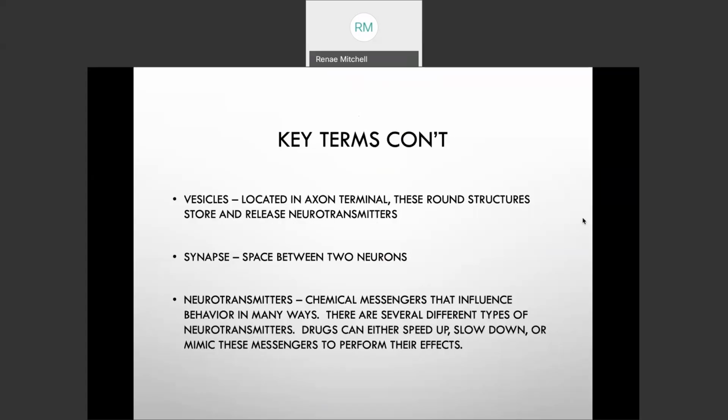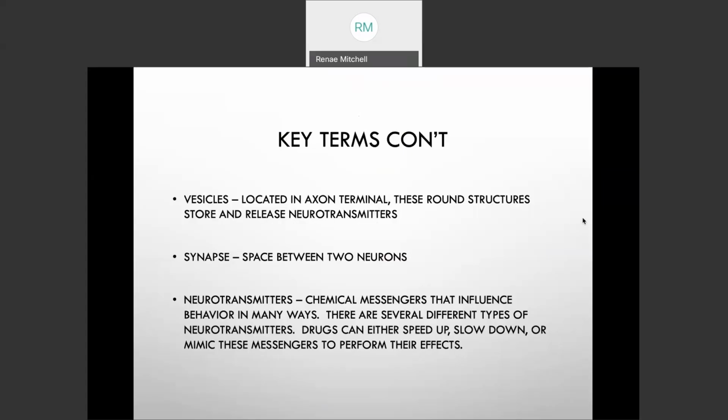It's almost hard to imagine how many there could be, but there have been at least 30 or so identified. We'll be focusing on a particular subset of neurotransmitters. But essentially they are the particular chemicals that send particular messages in between neurons.